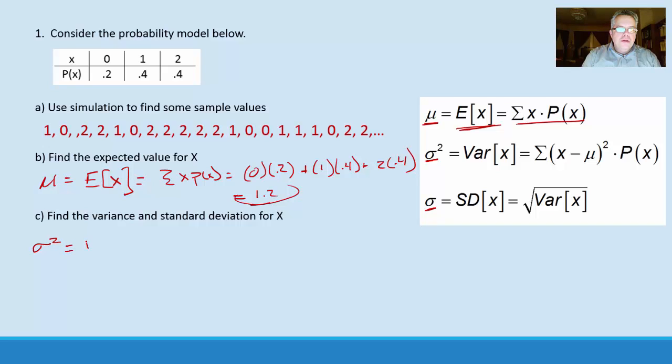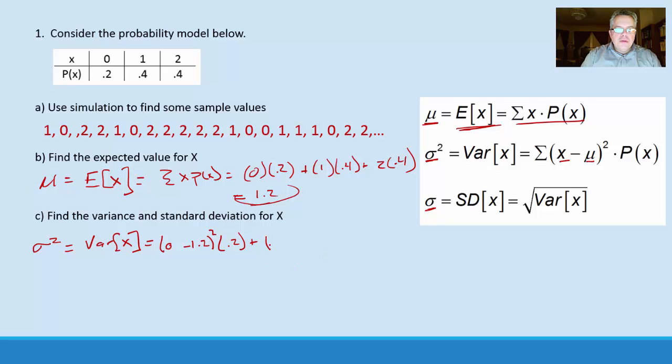Sigma squared, which is the variance of x, is, well, what we've got to do is take each value and subtract the mean and square it. So the first value is 0. We're going to subtract the mean and square it, times the probability of getting a 0, 0.2. Plus, we're going to do the next value.